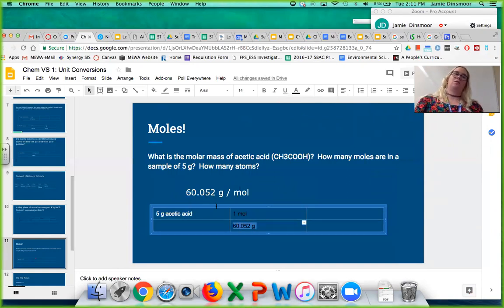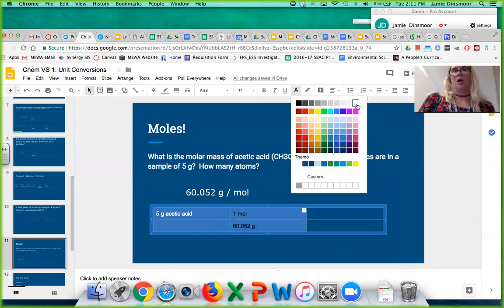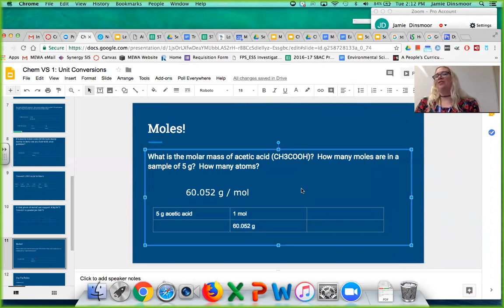Now, if we do our math and cancel out our units, we will be left with just moles, right? And grams will go away. I could have written acetic acid here. So does somebody want to do that math for us and tell us how many moles of acetic acid that is? Should be a pretty small number. Not that small, but small.